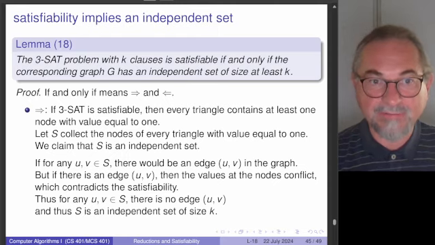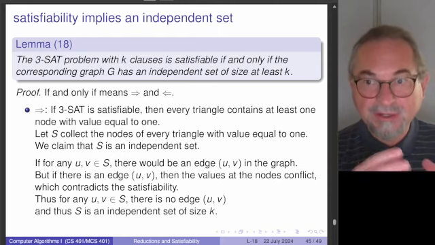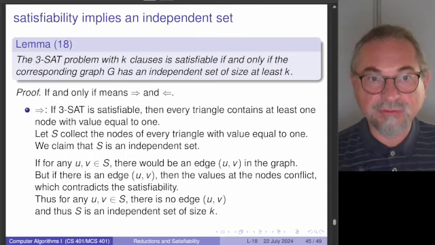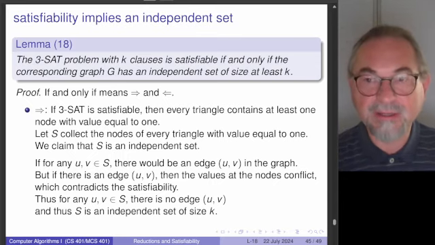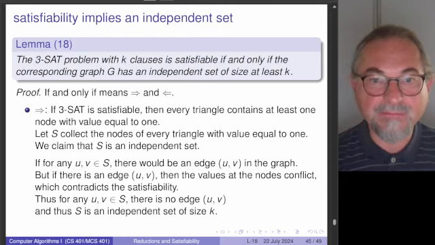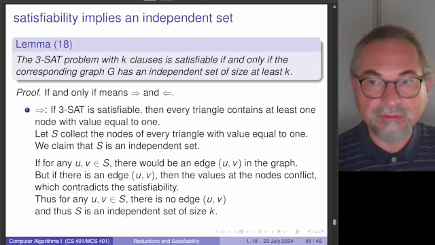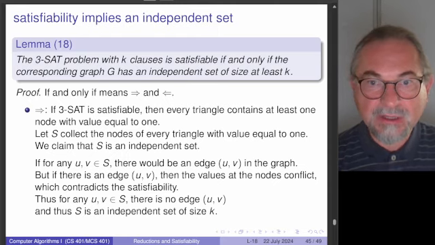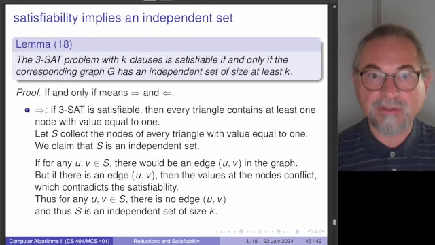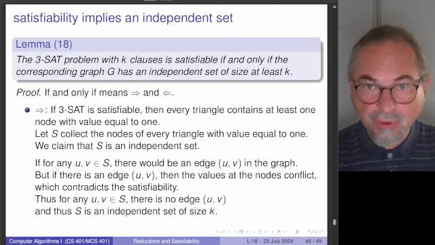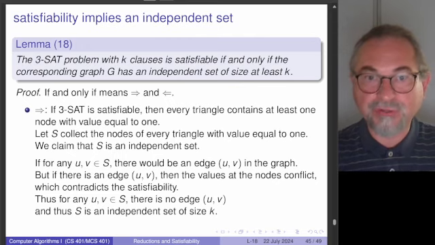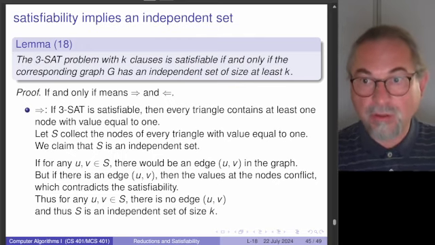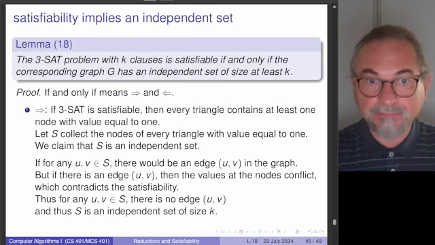Okay, now we have that 3-satisfiability is equivalent to the independent set. So if we have a solution to the 3-satisfiability problem, then actually we have an independent set. The k here corresponds to the number of clauses. The k corresponds to the number of vertices for which there are no edges between them.